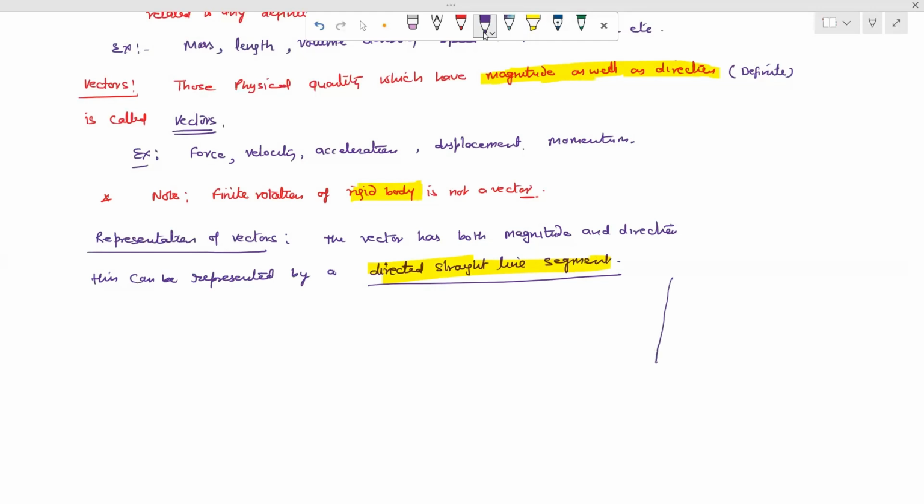We provide the direction, with the initial point O and the terminal point P. So OP is a straight line directed towards P, and we take it as vector A. We denote this as vector OP, so vector OP is equal to vector A. O is the initial point and P is the terminal point.